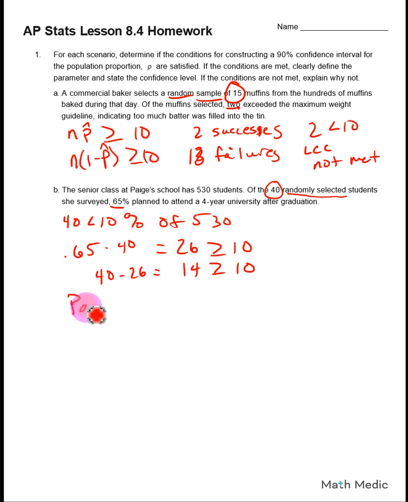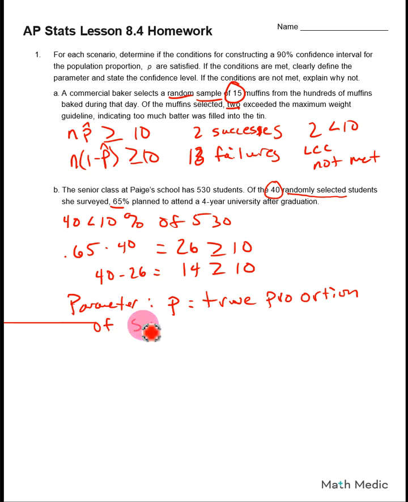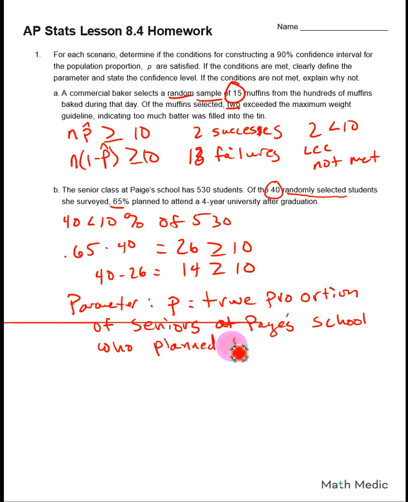So the parameter is the true proportion of seniors at Page's school who plan to attend a four-year university.